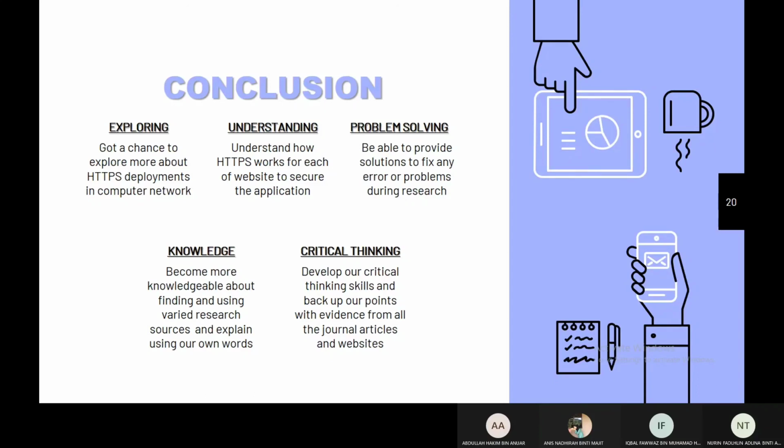And the last one is the most important thing, which is it tests our critical thinking. For this research, we developed our critical thinking skills and backed up our points with evidence from all the journal articles and websites that we found throughout this research.